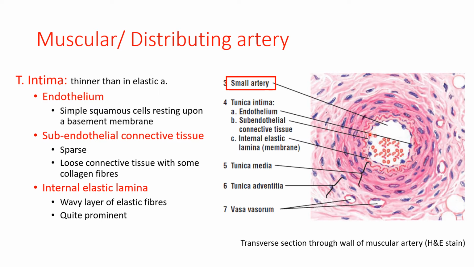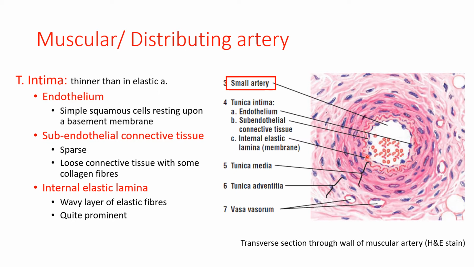The tunica intima is made up of an endothelium, that is again simple squamous cells resting upon the basement membrane. Outside it is a thin layer of subendothelial connective tissue. This layer is very sparse in the muscular arteries and is made up of loose connective tissue with some collagen fibers.